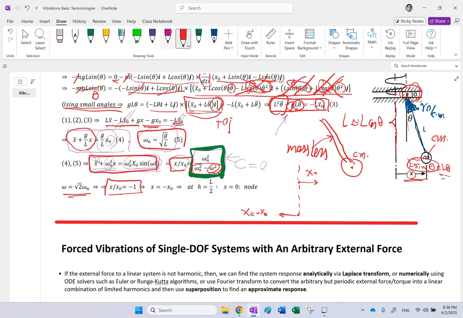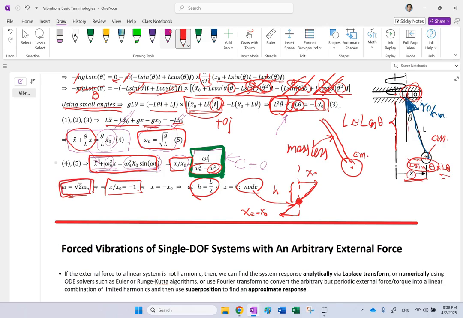So my pendulum is going to be like this, where there is a point here that has not moved. Where is that? Because this is x naught and this is x naught, clearly this height h has to be equal to L over 2. That is my node, and this is the point that does not move. It happens at h equal L over 2 for this specific frequency.